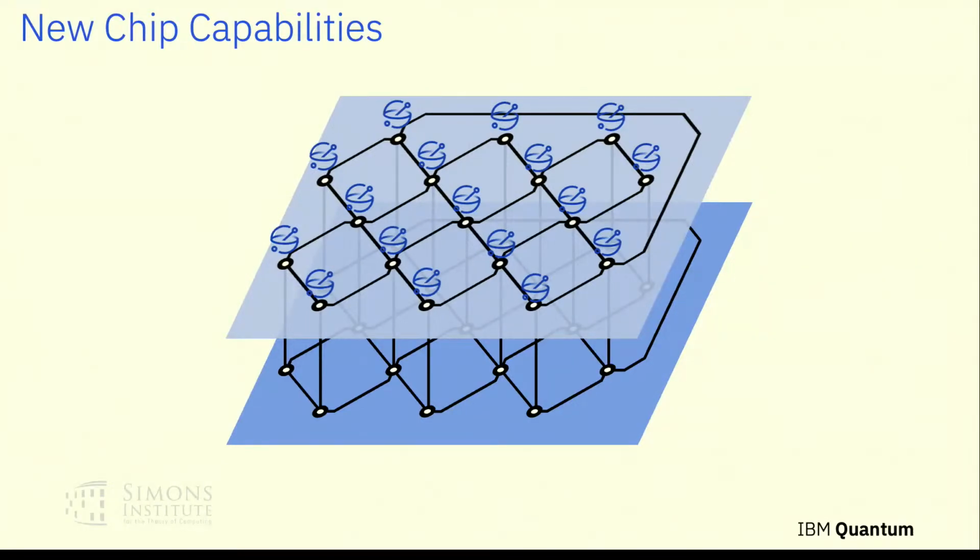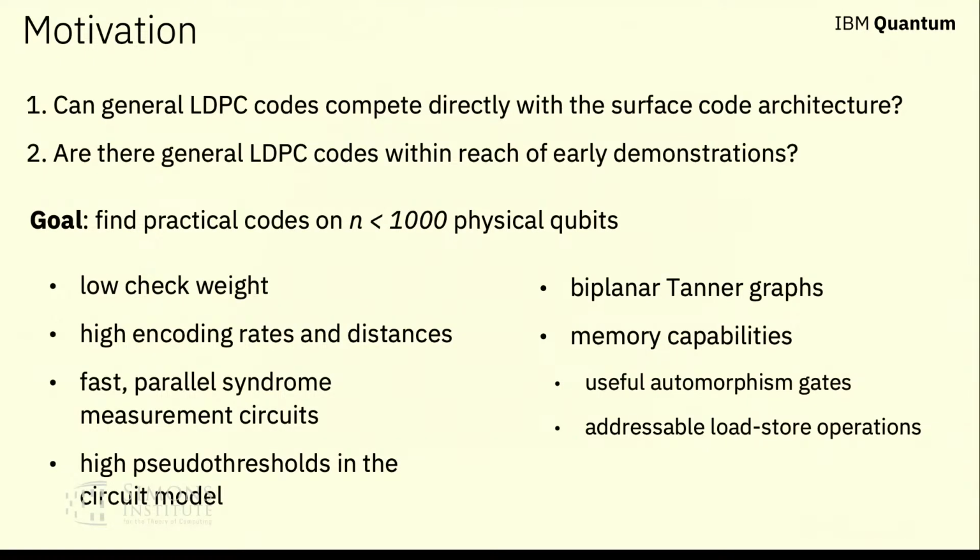This also allows you to implement these longer range connections without crossing the wires. So we're going to abstract away the hardware and say, what can we do if we allow ourselves these two layers of connectivity and longer range connections? That's our motivation.